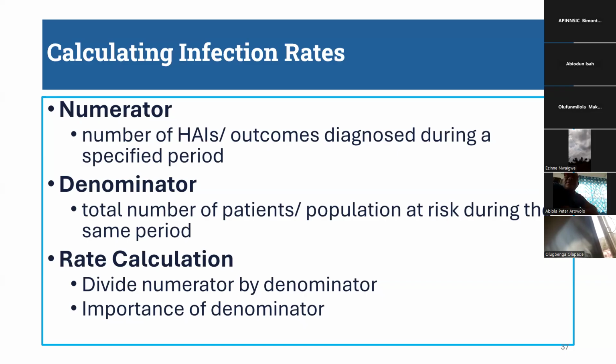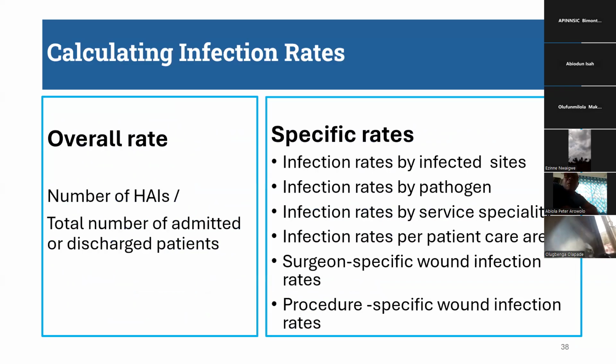So for your rate, you divide the numerator by the denominator, and you can have an overall rate for your facility, the number of HAIs over the number of patients that have been managed in your facility, using the admission or discharge data, or specific rates. So infection rates by site, such as surgical site infection, wound infection, bloodstream infection, or by pathogen.